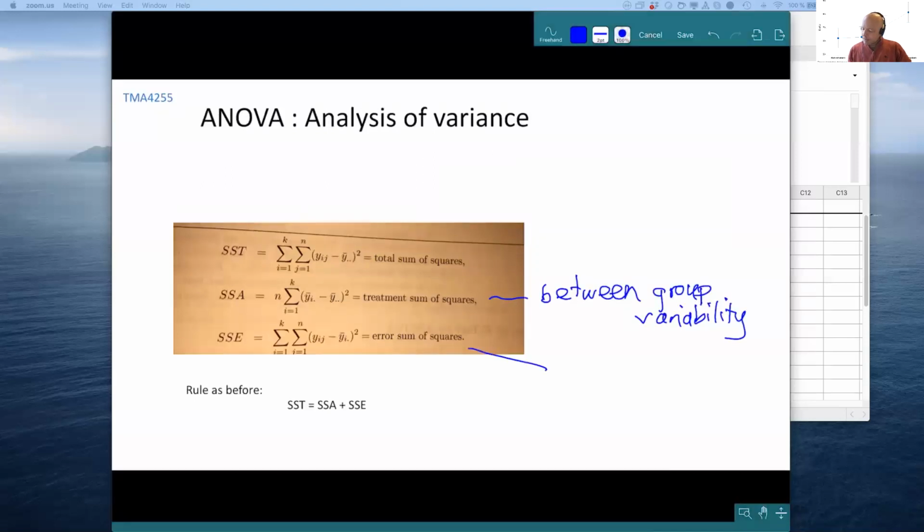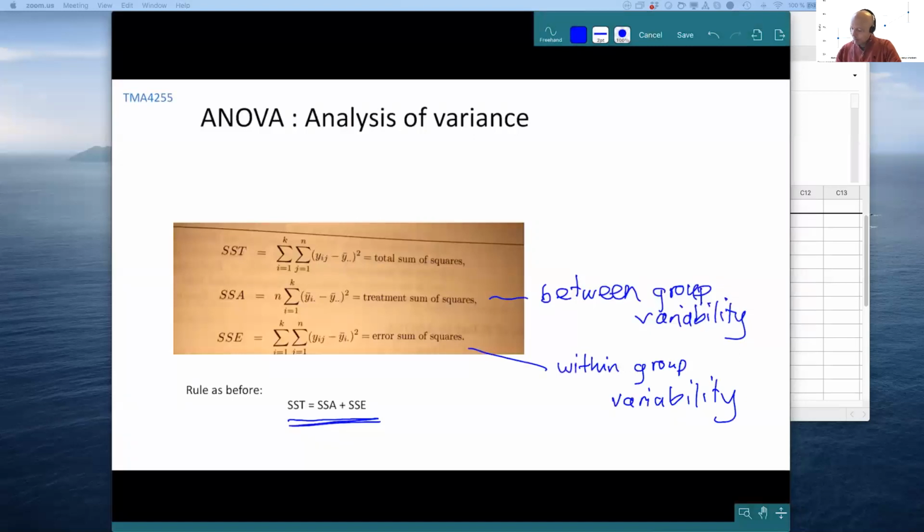And then this one is the within group variability. Of course, in some cases we could have one very small and the other very large, but they would sum up. And this is the magic rule that we also had in linear regression, that we could split this sum of squares in different components.